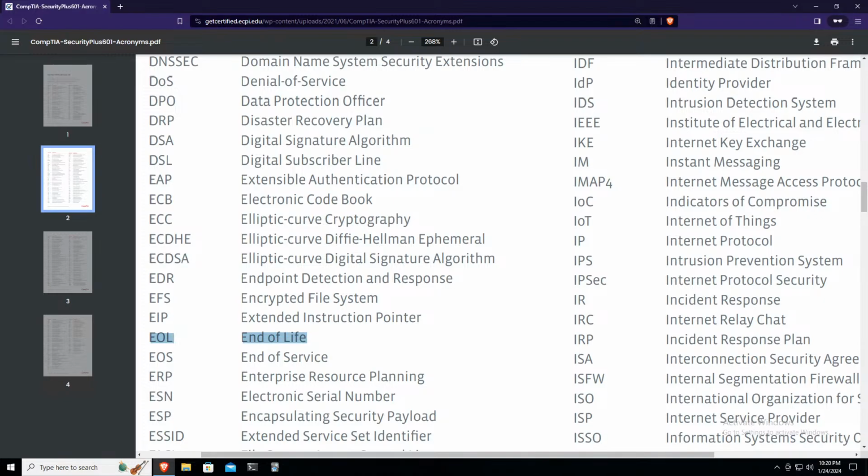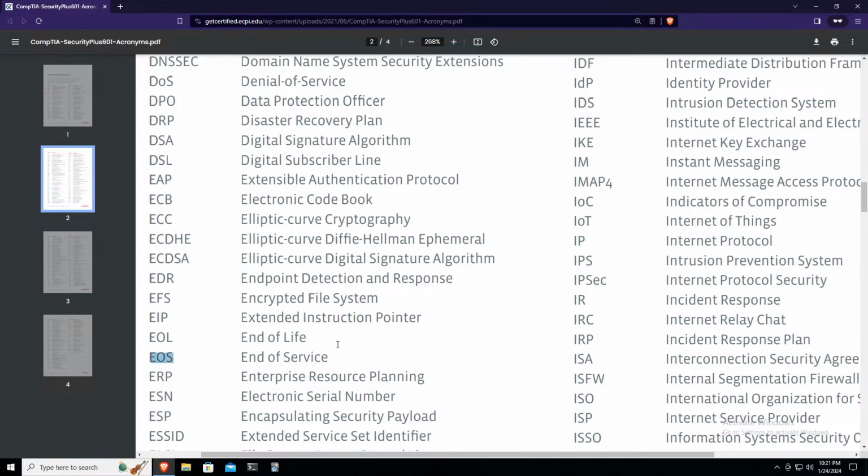EOS is the one prior to an EOL, so you can think of it as end of support, but in this case, it's end of service, essentially saying that there's no more support or servicing on that specific application or product because it is no longer supported by the vendor, or in this case, it could be your corporation or the hardware vendor.